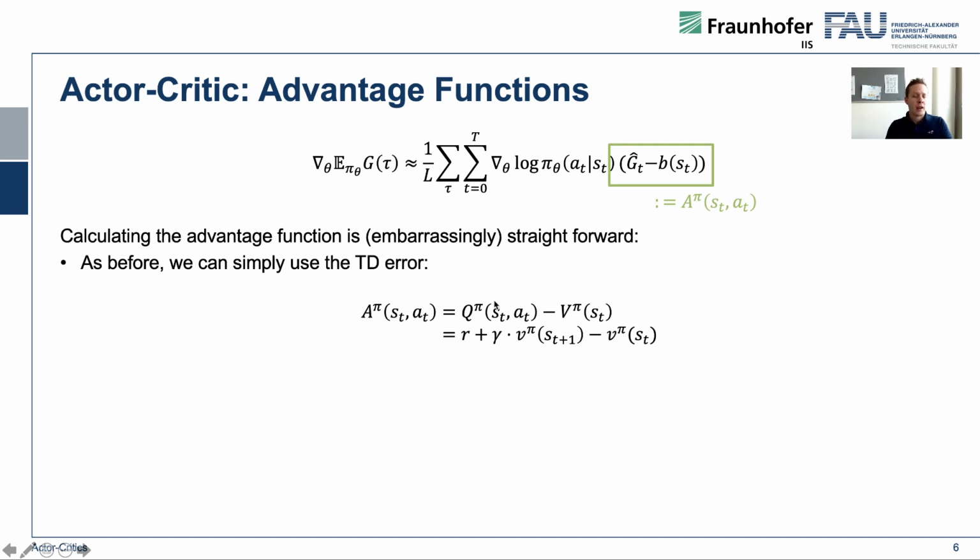And if we now take this down to the one-step TD update that we defined in the previous slide, we can reformulate this as the immediate reward that we see in this state plus the discounted value of the next state minus the value of the current state. So this is actually the advantage. And the V function is the thing that we approximate using our critic network. And this means that we can take the immediate information that we get from the environment and just need a neural network that we use to approximate the state value function.